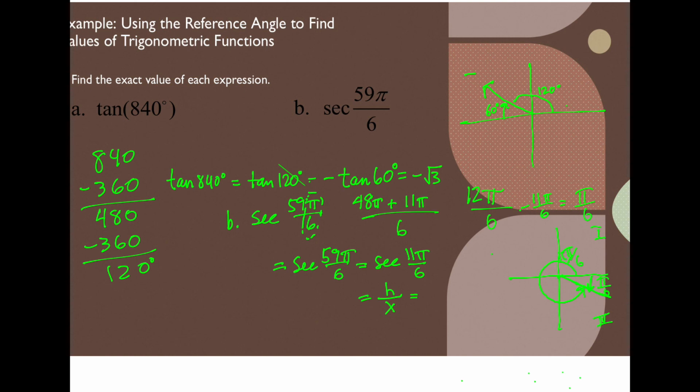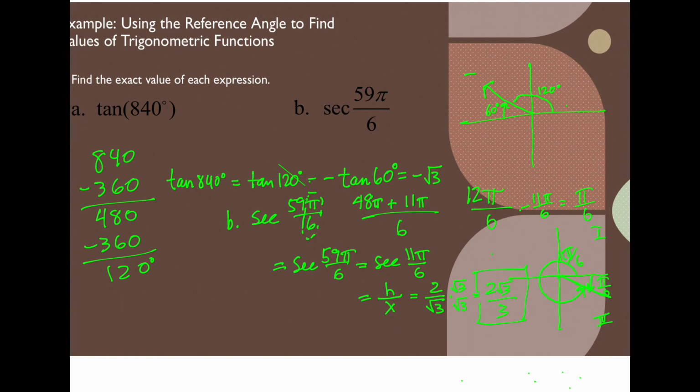But regardless, when we look at cosine at this angle, it's square root of 3 over 2, so secant would be 2 over square root of 3, which now we would need to rationalize the denominator here. Multiply the top and bottom by root 3, 2 root 3 over 3, and positive because it's in the fourth quadrant.